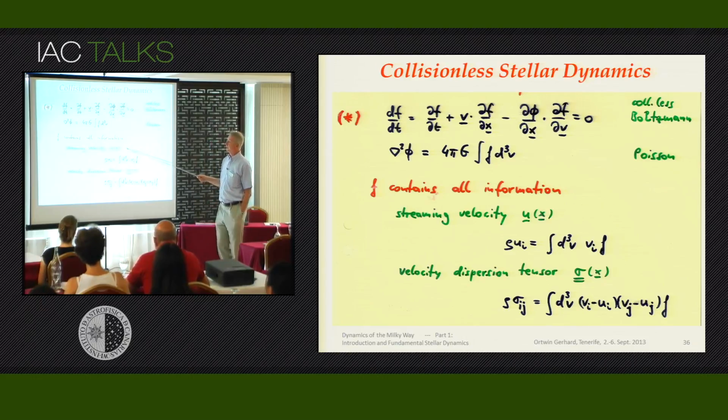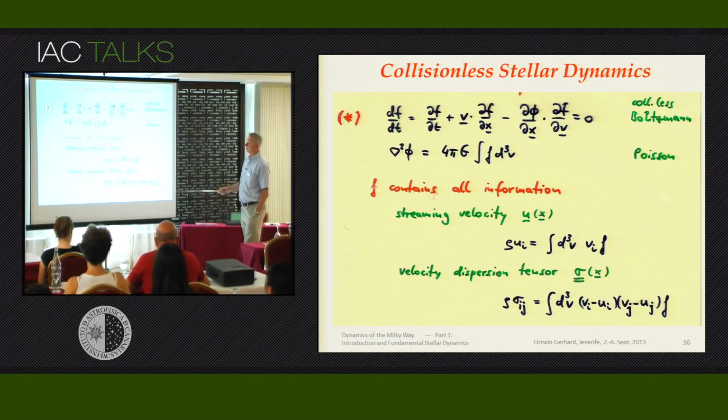We can, for example, determine the mean streaming velocities of all the stars at a particular position by working out that integral. So we average the velocity of the stars over the distribution function. Or we can determine what's called the velocity dispersion tensor, sigma, by doing this integral here.